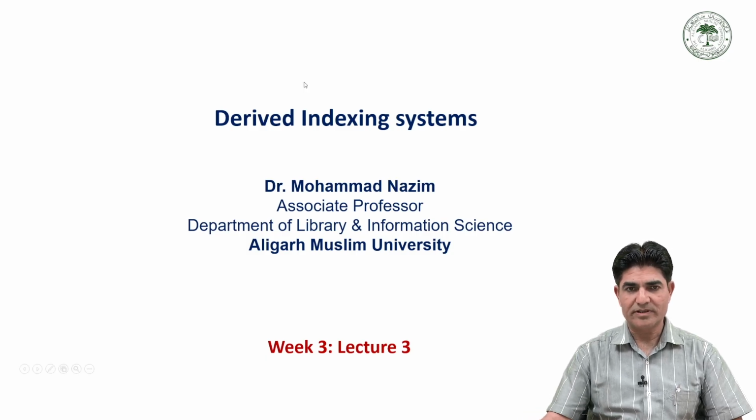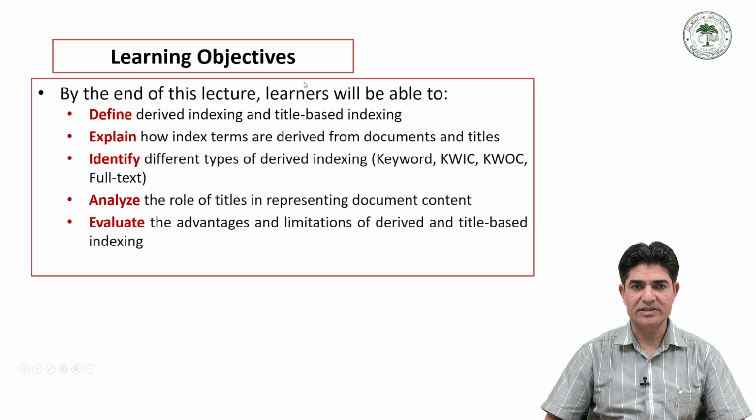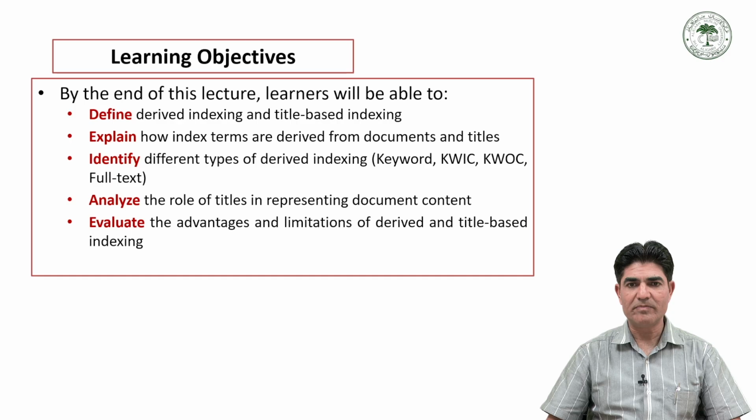The learning objectives of this lecture are important. By the end of this lecture, the learner will be able to define derived indexing and title-based indexing. They will be able to explain how index terms are derived from documents and titles.